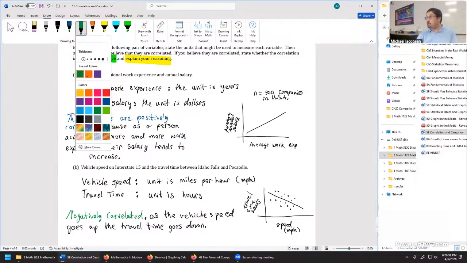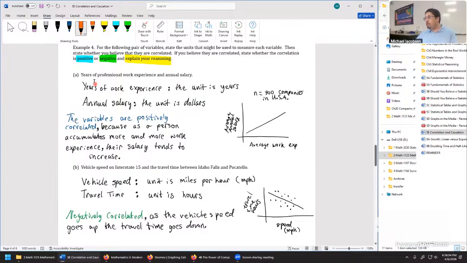And one good thought that goes along with that is the order they give the variables is pretty important as well. So whenever we are thinking of these variables, the first variable is the one on the horizontal axis.